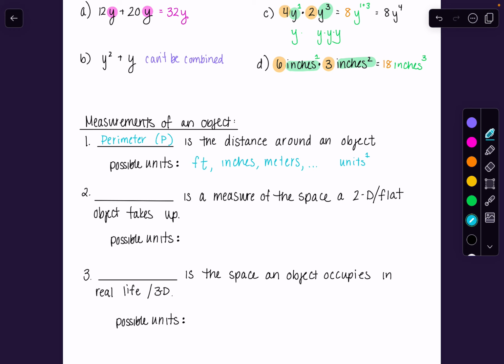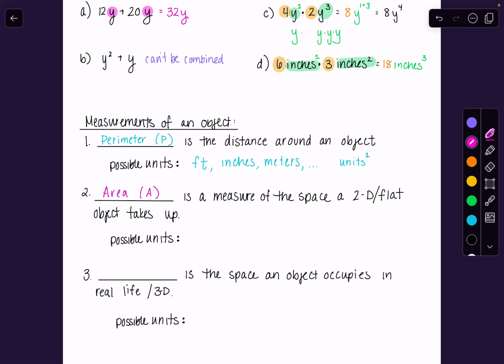Now, if we move on though, and we talk about the space that a 2D object or a flat object takes up, this is giving us the area. So that's indicated with an A. So you can think of the amount of carpet you would need for a room is giving you the area of the floor in that particular room.